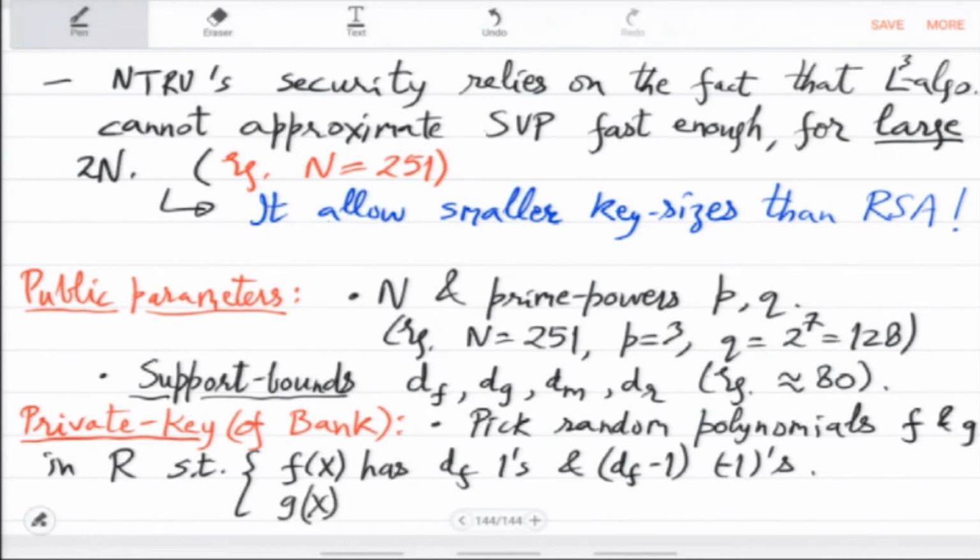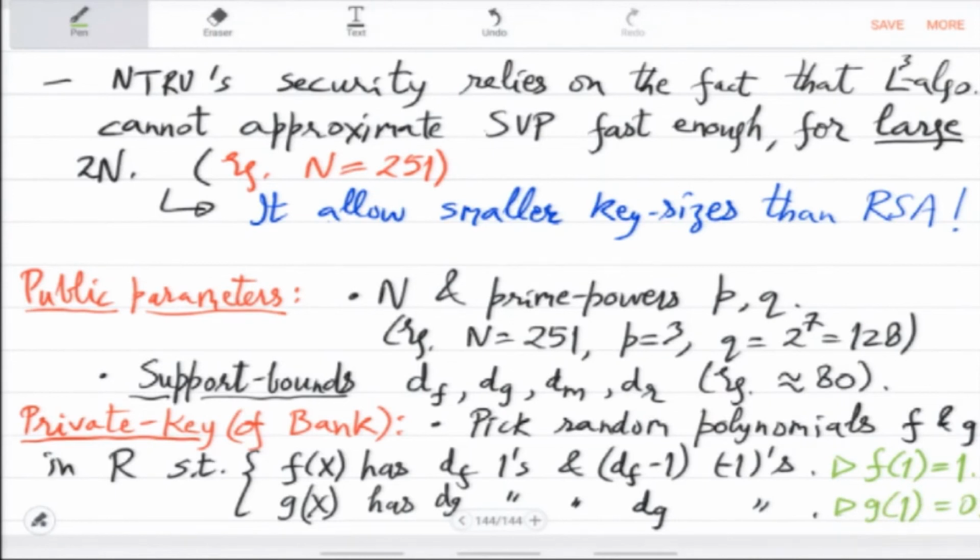G(x) on the other hand has equal numbers of ones and minus ones. Okay, so again f has df, which is the parameter published by the bank, that many ones, and minus ones are one less. So this immediately means that f at 1 is 1. G on the other hand has an equal number of ones and minus ones. So g at 1 is 0.